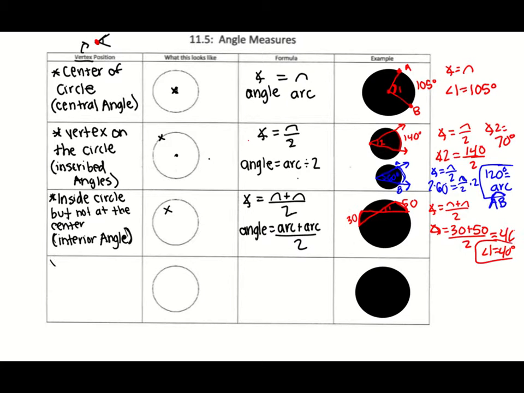And our last one here, in this case, our vertex is outside our circle. We call this an exterior angle.